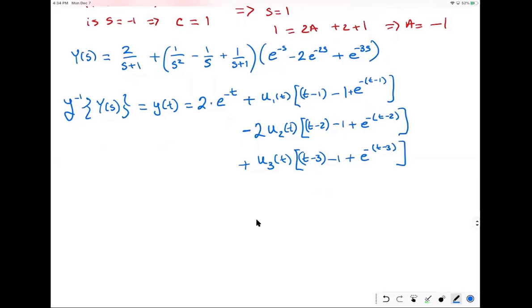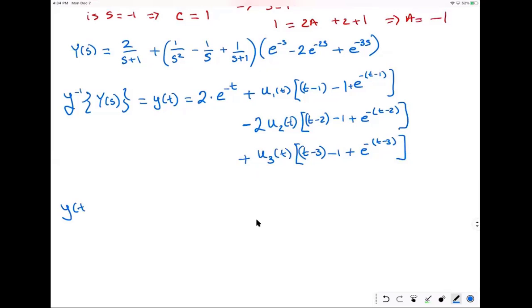So I think we can simplify some of this. So y of t equals 2e to the minus t plus, let's see, we've got minus 1 and minus 1 for minus 2, and we've got a t.